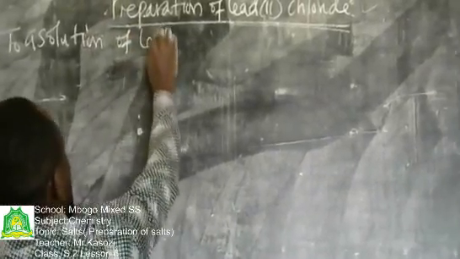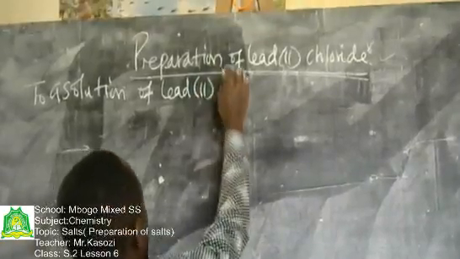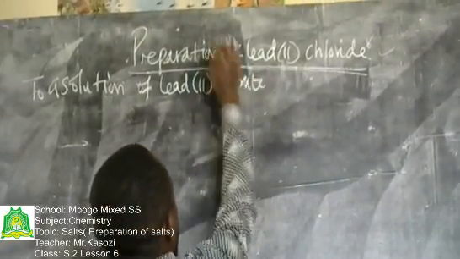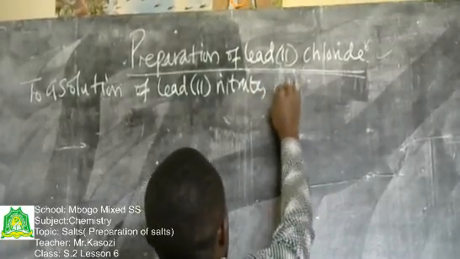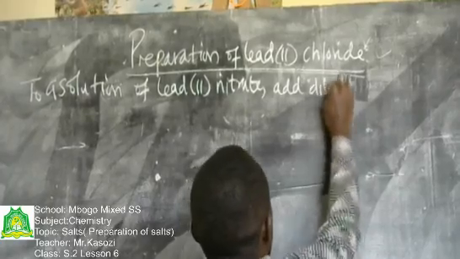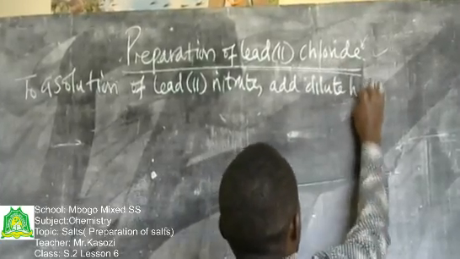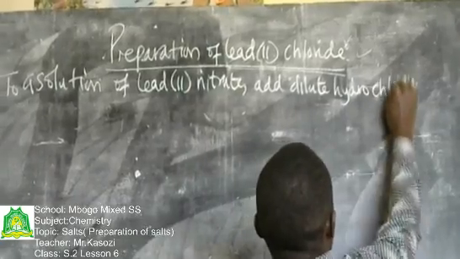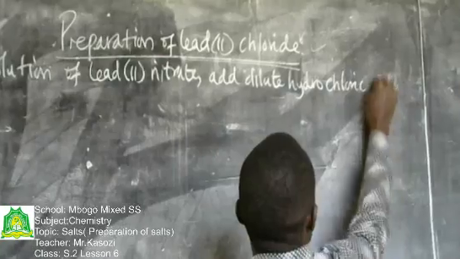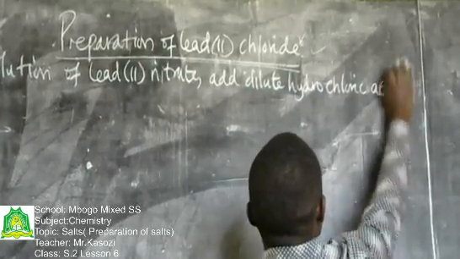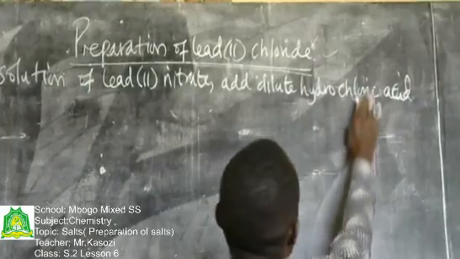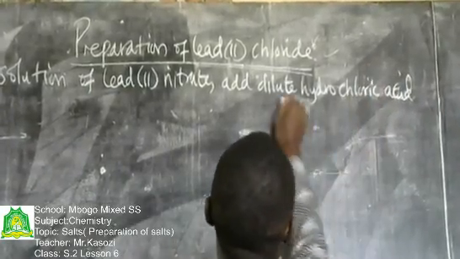To a solution of lead(II) nitrate, add dilute hydrochloric acid.